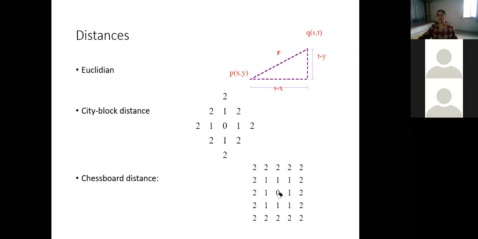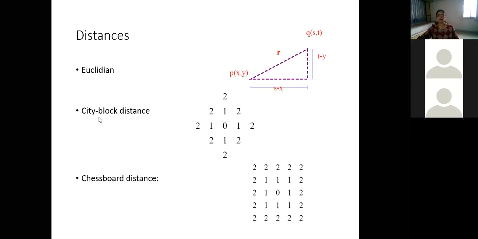So if this is your point of consideration or your pixel under consideration, all immediate neighbors are treated at the same distance, that is distance 1. Then all next neighbors are treated at distance 2. Then if we consider one more layer, the third neighbors are treated at distance 3. So this is the chessboard distance method for distance calculation.